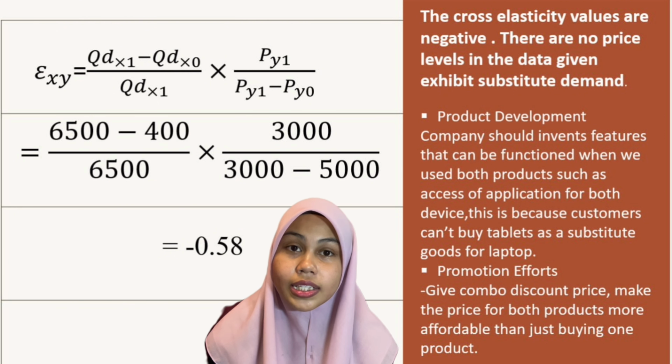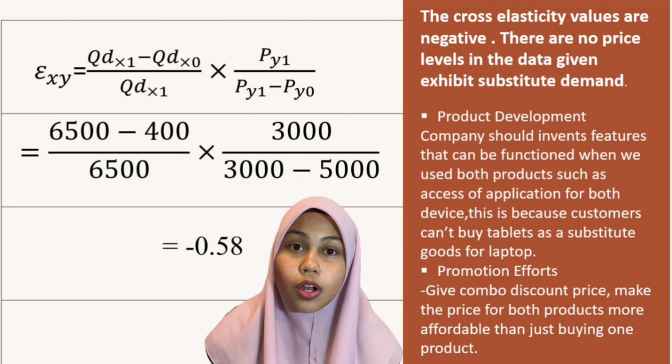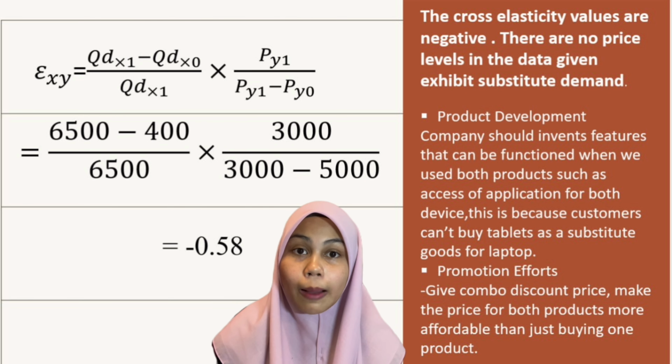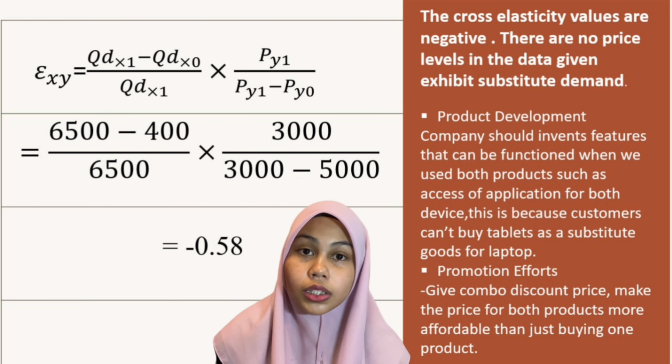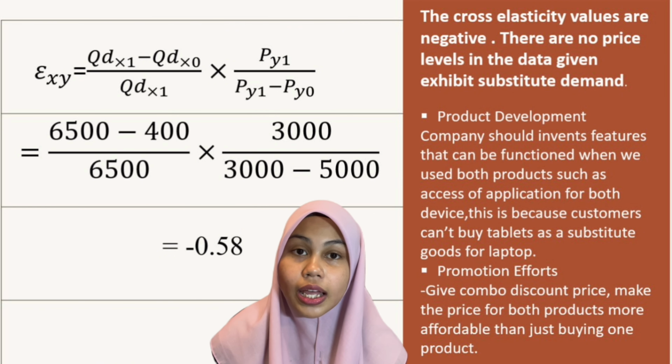The cross-elasticity values are negative, proof that there are no price levels in the data given that exhibit substitute demand. As for product development, the company should improve their products based on complementary demand, since laptops and tablets are not substitute goods. For example, the company invents features that can function when used together.